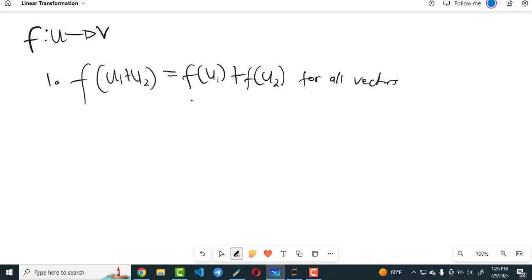If we include a scalar, we are saying the function of alpha u, where alpha is the scalar, is equal to the scalar alpha times the function of u. This is for all scalar values in the vectors u, v.